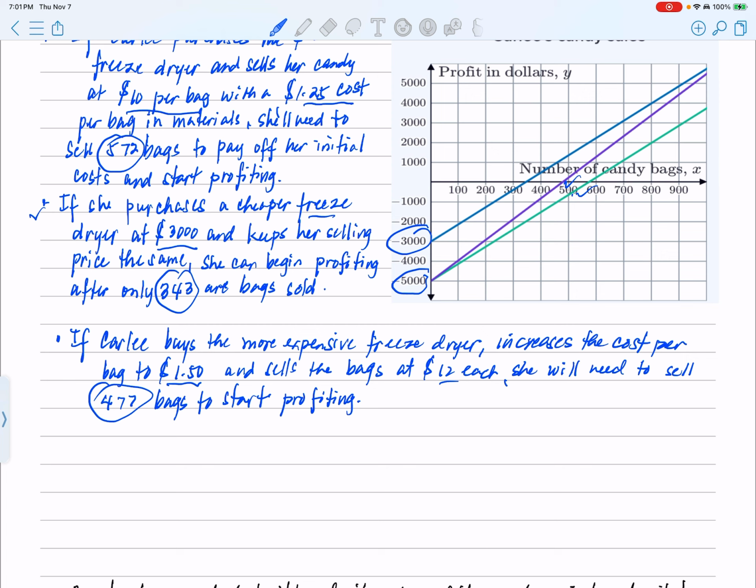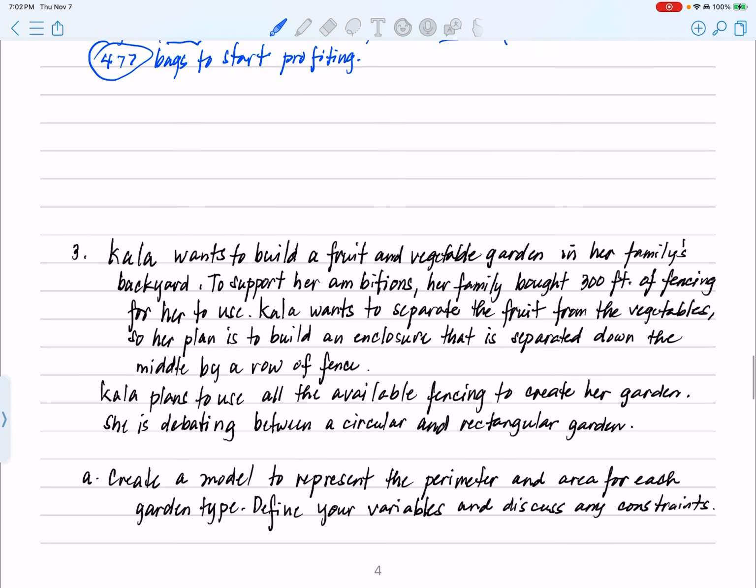So find the highest selling price that still gets her the business she needs to succeed. So which one would we prefer? Starting with the cheapest, this one. All right. Let's have the third problem.